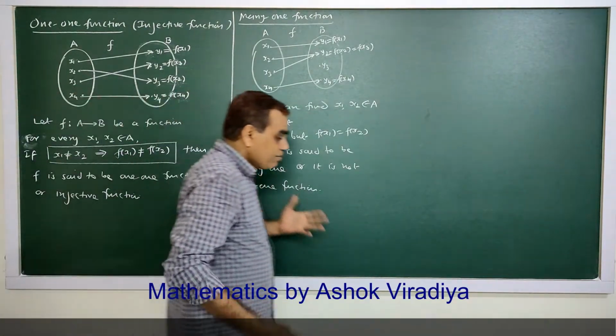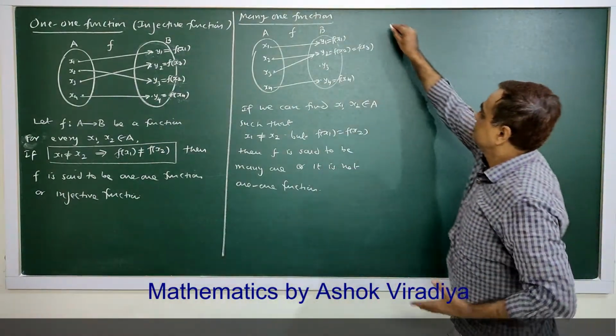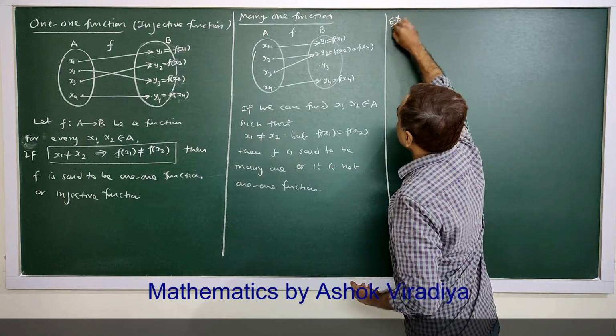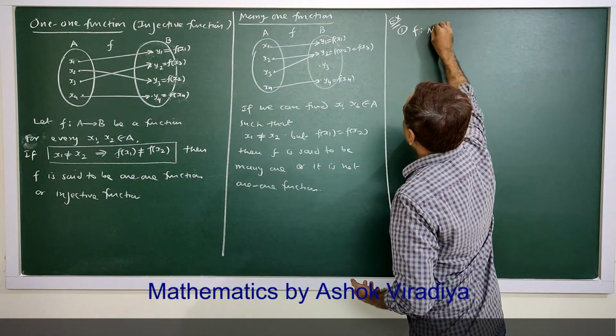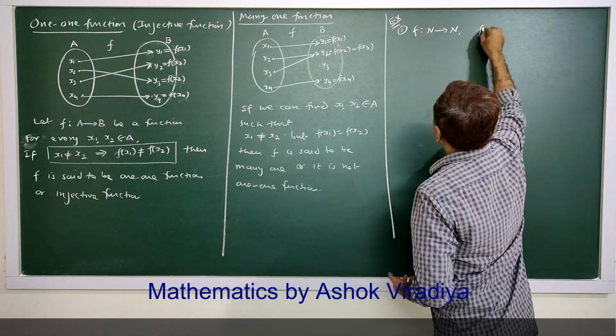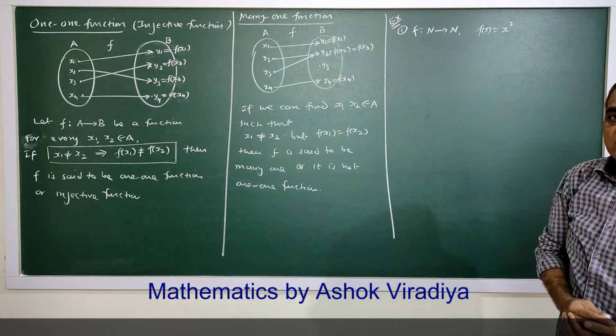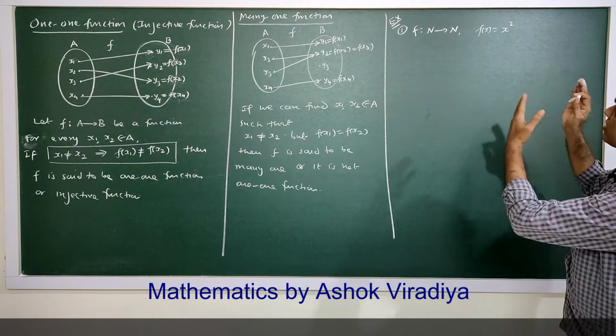Let me understand this by one example. Suppose f is from N to N, f(x) equals x squared. Let me check, is it one-one or not?